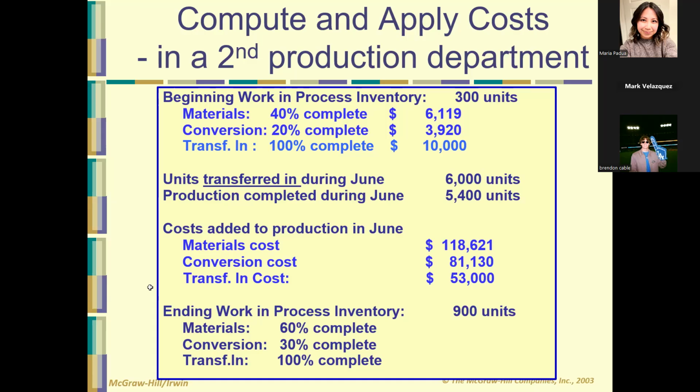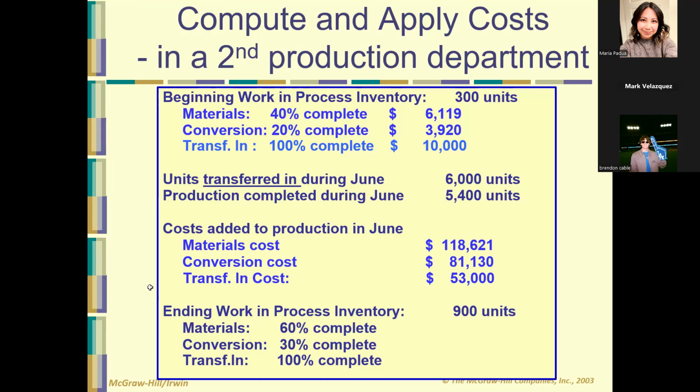We have transfers in. The beginning inventory is at these percentages, 30 and 50%. That's where we get the 24 and the 4. Transfers in are 0%. Total 18,400. We transferred out 20,000 and we come up with an ending inventory here.